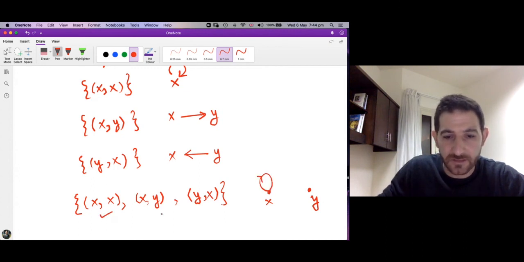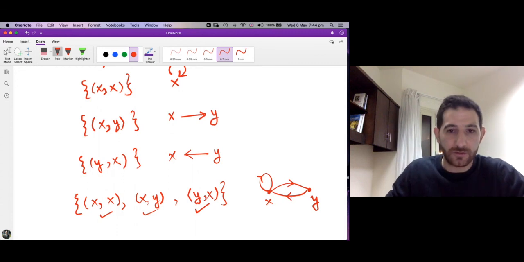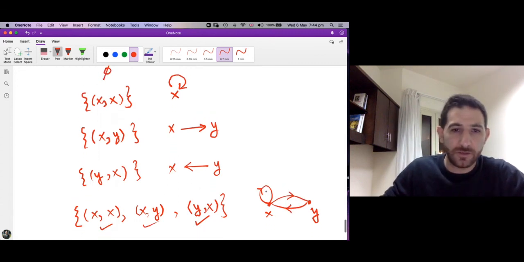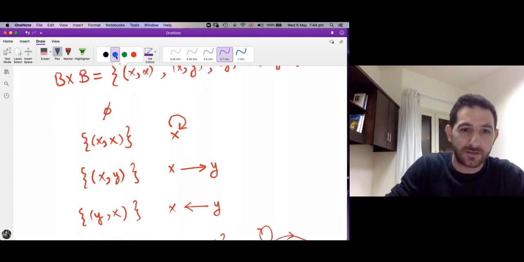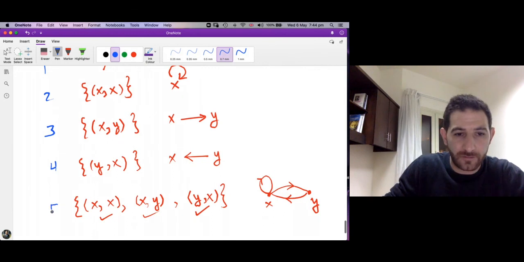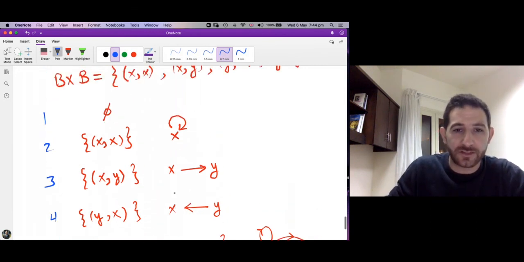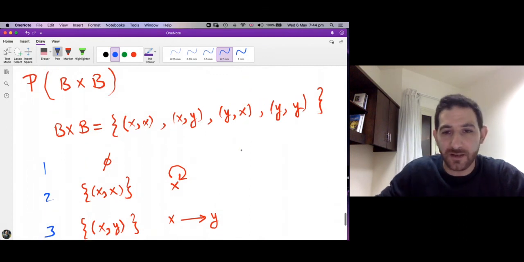XY means X is related to Y, and YX means Y is related to X. So you should continue to list the 16 relations. This is 1, 2, 3, 4, and 5. There are 11 more relations. For example, B cross B itself is a relation.